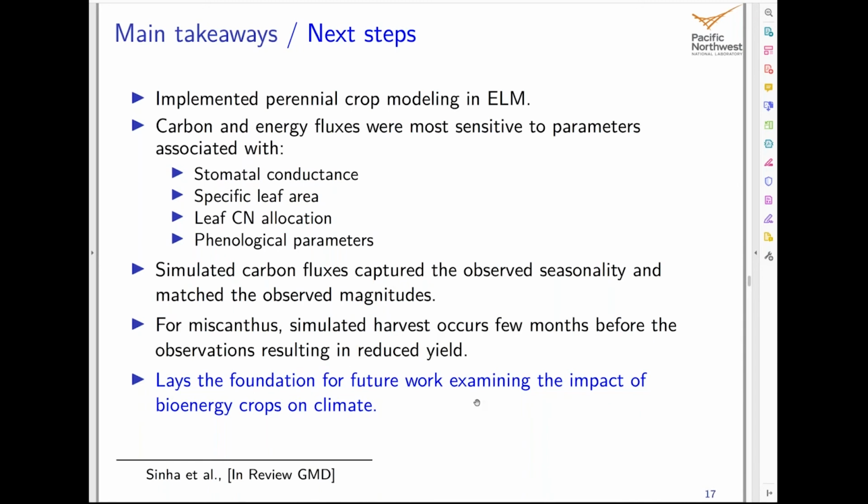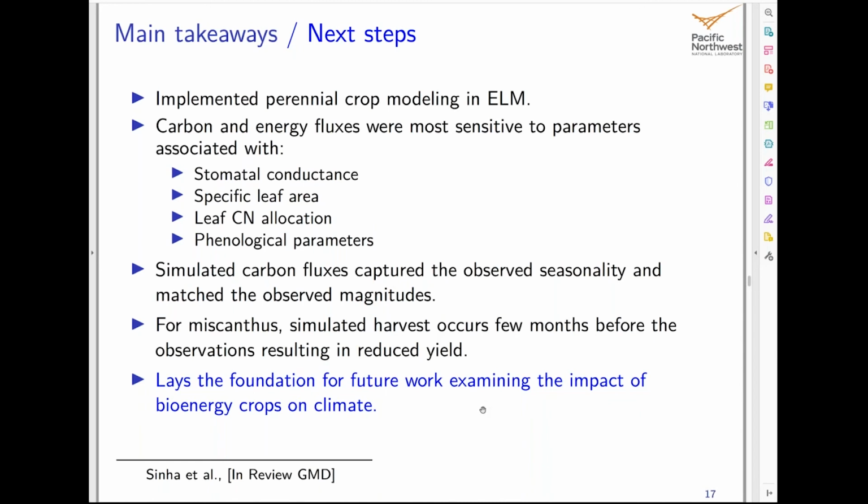So the work that I've just shown was focused on improving the representation of specific crop types in ELM. Apart from differences across crop types, in agriculture, various management practices are also practiced across the globe.